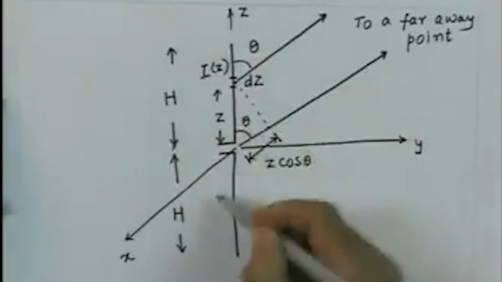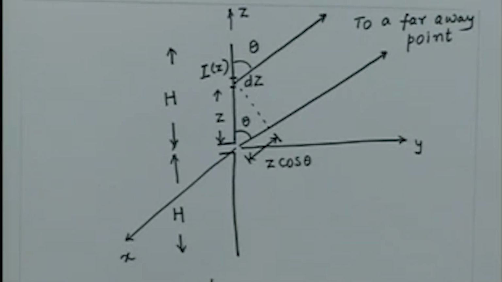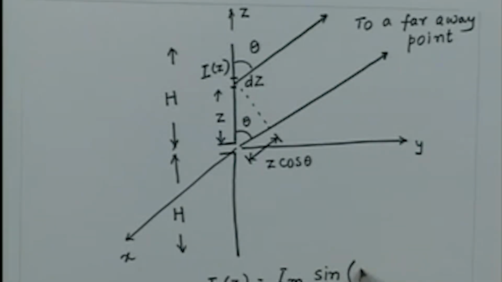Now, the current distribution on the antenna comes from the standing wave pattern. This can be written as I of z equal to some maximum value I m sine of beta times h minus mod of z.